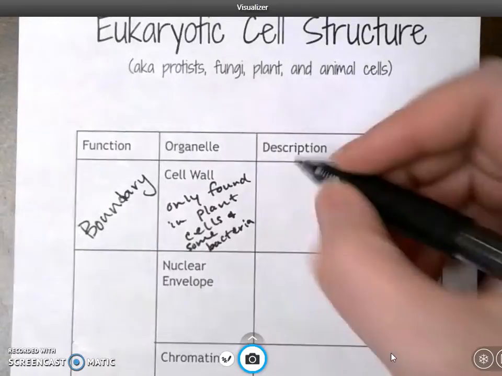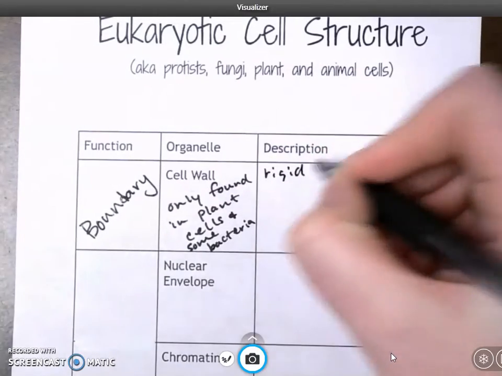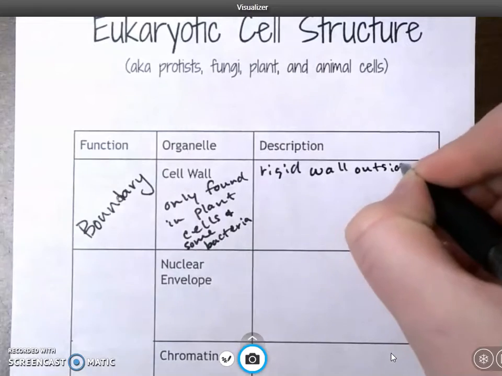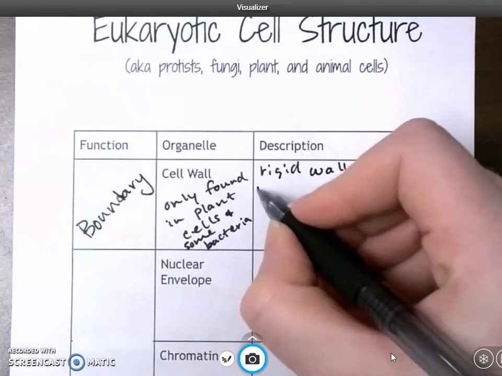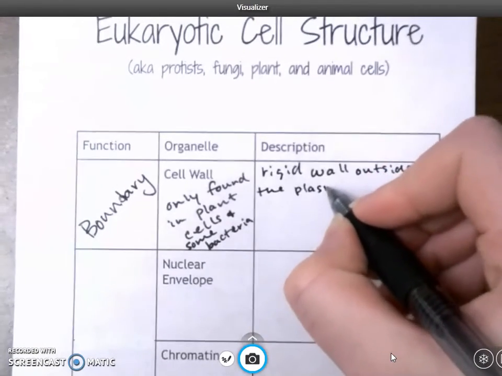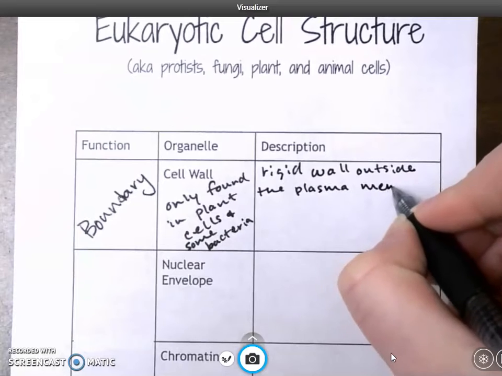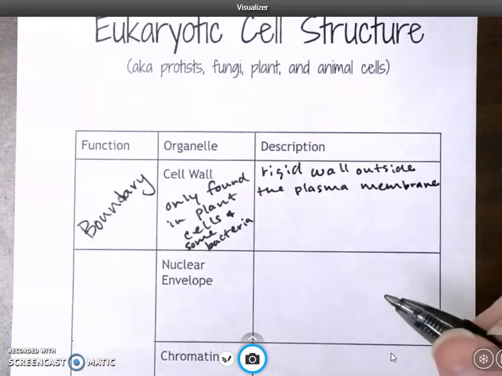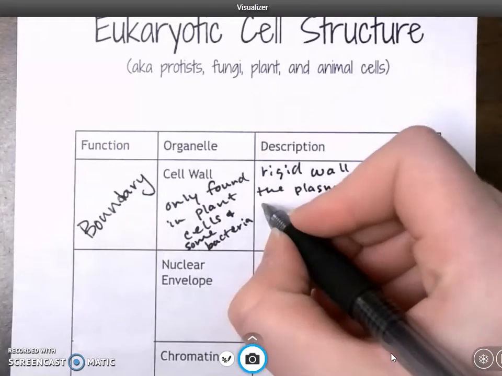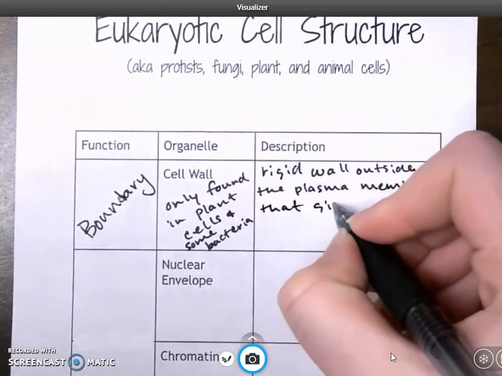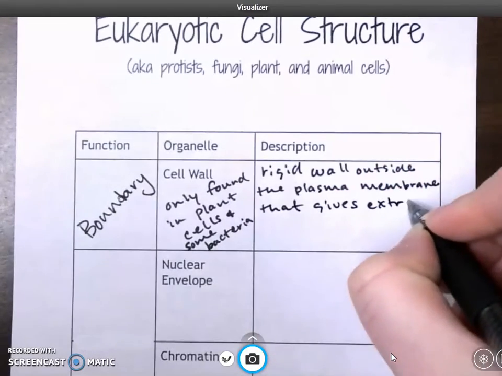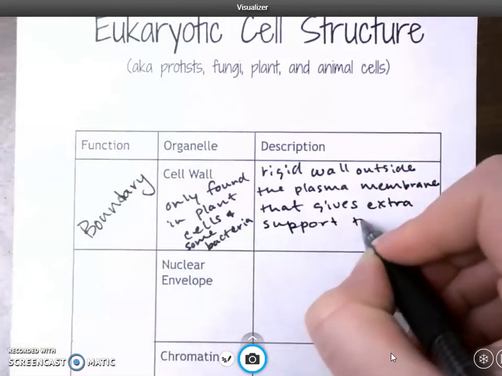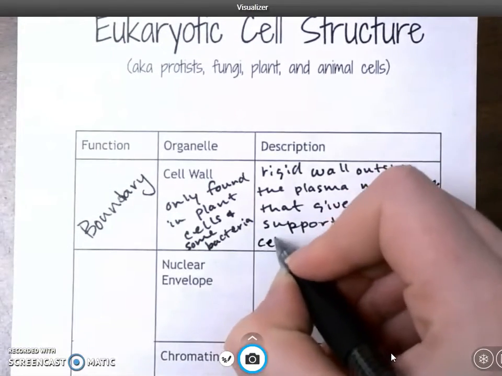So, the cell wall is a rigid wall outside the plasma membrane that gives extra support to the cell.